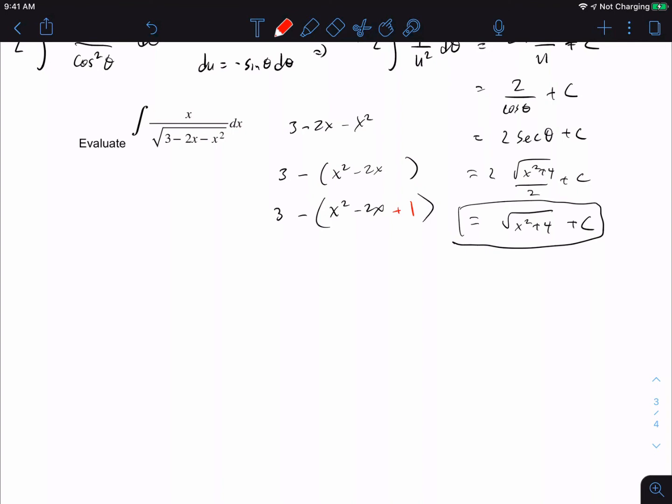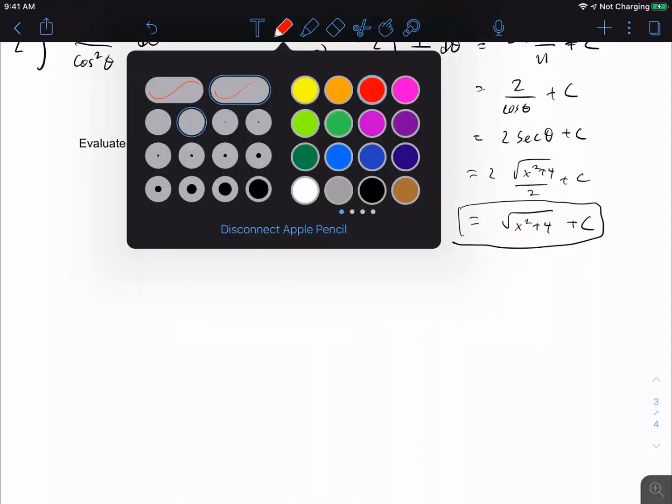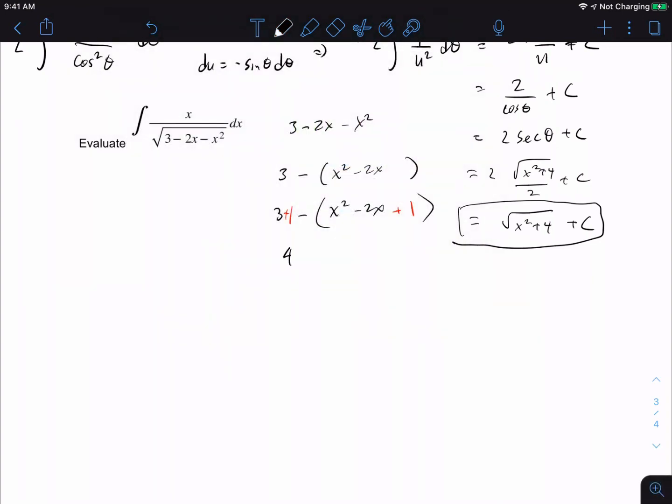I'm actually subtracting 1 because of the sign in front of the parentheses, correct? And since I'm doing that, to keep balance, I need to add 1 on the outside. What this then will give me is 4 minus x squared minus 2x plus 1, which will be 4 minus x minus 1 squared.